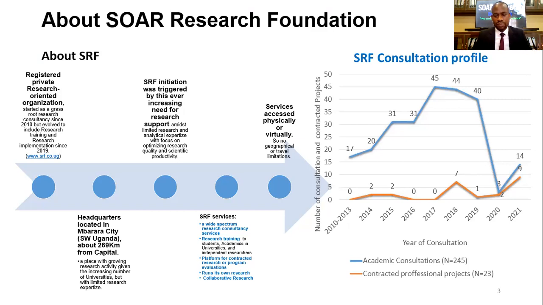So looking at an experience we had in the previous years, according to the graph you can see here, we have seen a lot of increase in consultations that we have had as an organization.